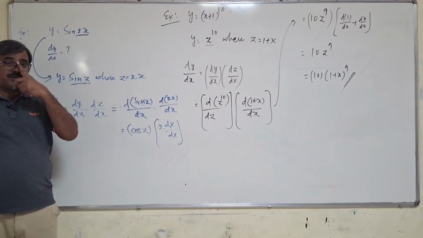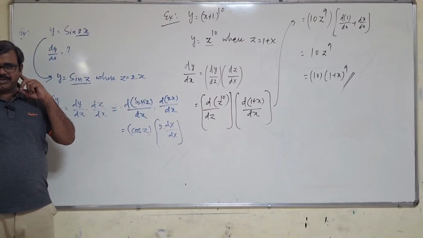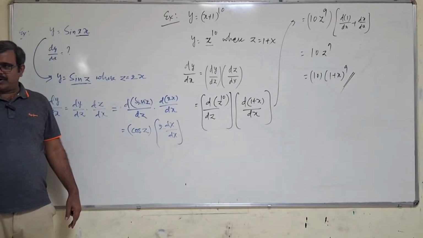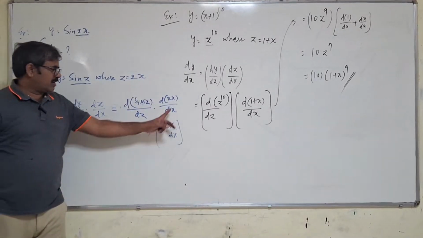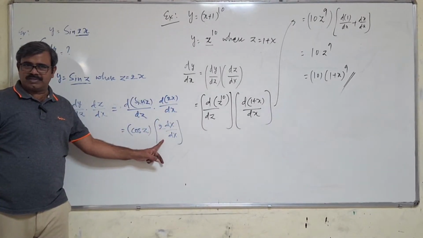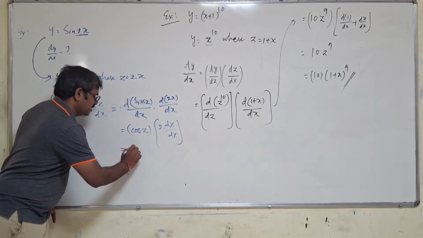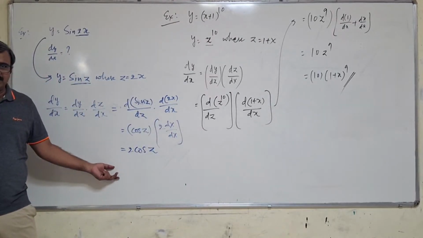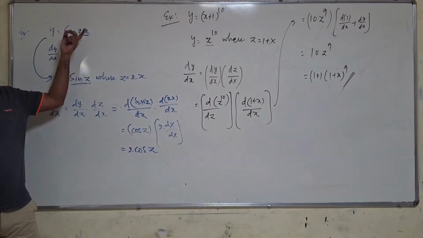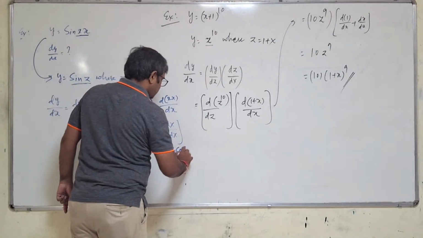Look at the first multiplication rule we did. When a constant is multiplied by some function, the constant comes out. 2 dx by dx. dx by dx is 1. So what are we getting? Answer is 2 cos z. But z is a name given by ourselves. It's not there in the original problem. What do we have in place of z? 2x. So the answer is 2 cos 2x.